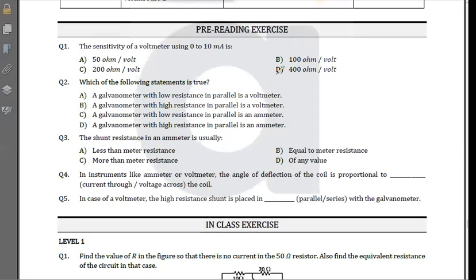Okay, next. Second one. Which of the following statements is true?